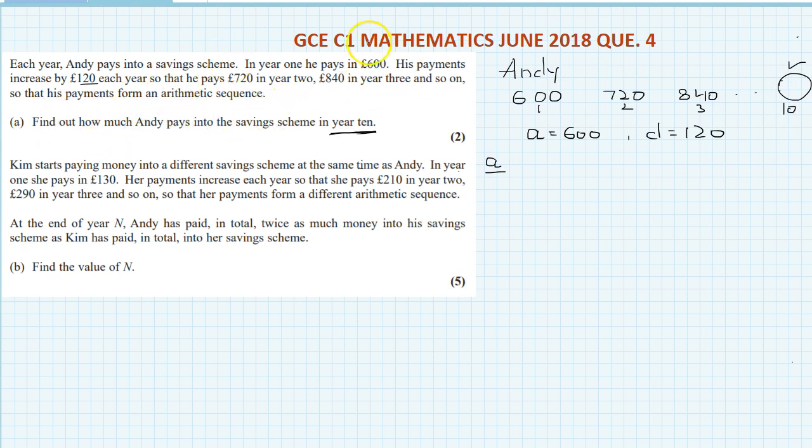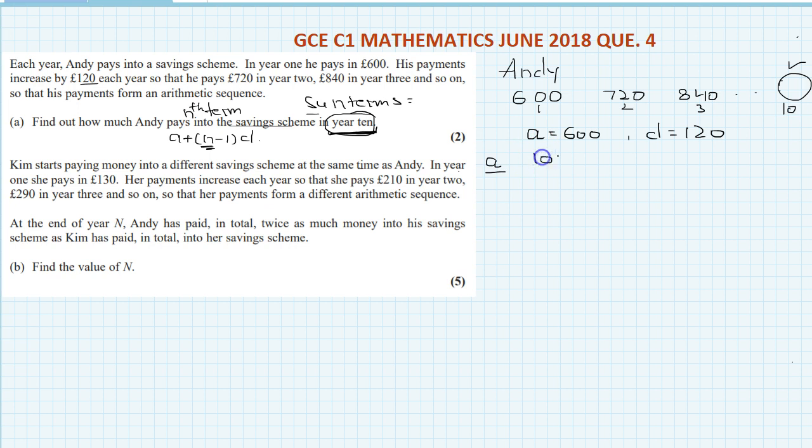In most questions, when they ask about a particular year, we use this formula, a plus n minus 1 d, for the nth term. And for n terms, they always ask the sum of n terms. So the sum of n terms is n over 2 times 2a plus n minus 1 times d. Now he is asking year 10, so this n is 10.